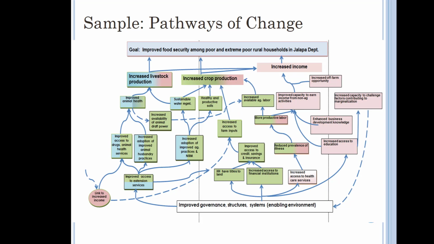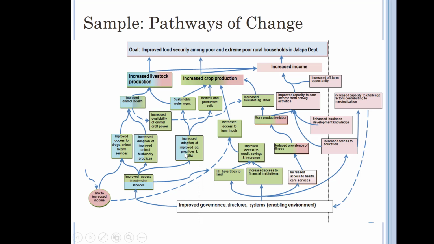Here you have an example of 3 pathways of change, each coded in a separate color. There are multicolored solutions or outcomes that indicate a certain precondition that contributes to more than one pathway of change.